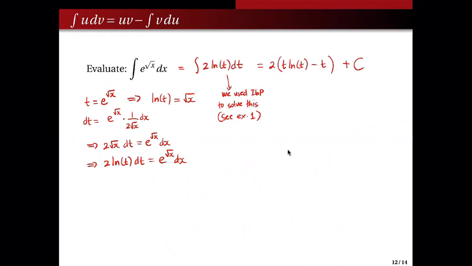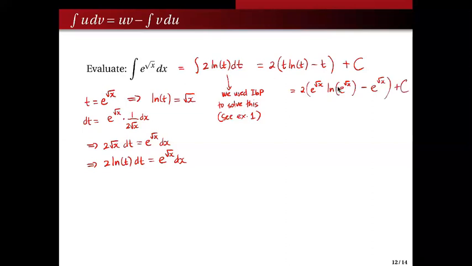And then you now bring back the original variable x. So this guy here equals 2 times t, it's e to the square root of x. And then you have ln of e to the square root of x, and then minus e to the square root of x plus c.